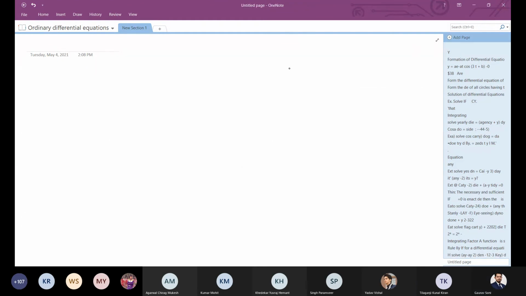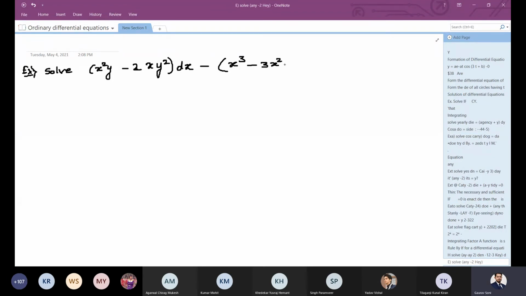Next example. Solve x square y minus 2xy square dx minus x cube minus 3x square y dy equal to 0.